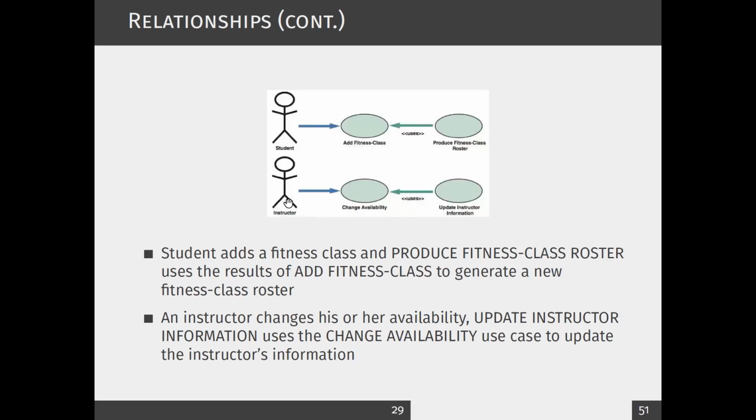And then we have instructor change availability, and update instructor information. So the student adds a fitness class, and produce fitness class roster uses the results of add fitness class to generate a new fitness class roster. So once you have that, add fitness class will be used by produce fitness class roster.